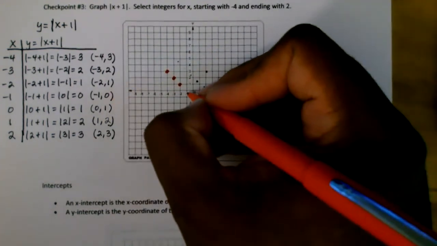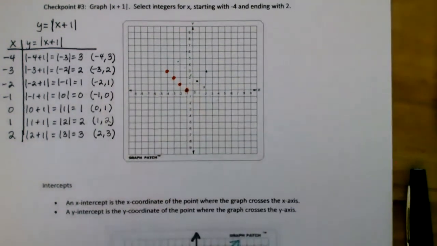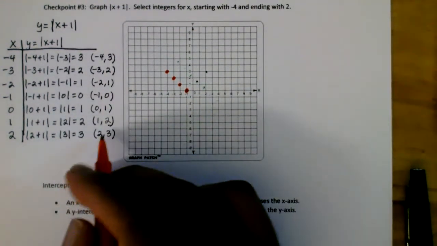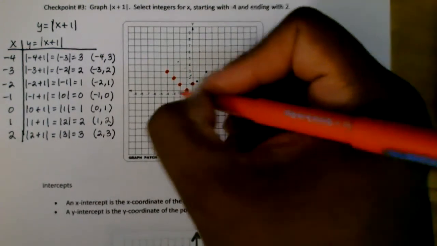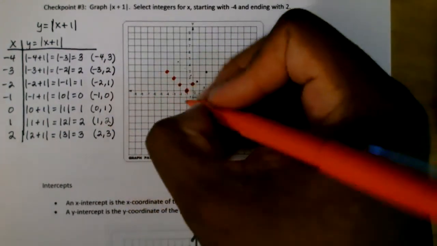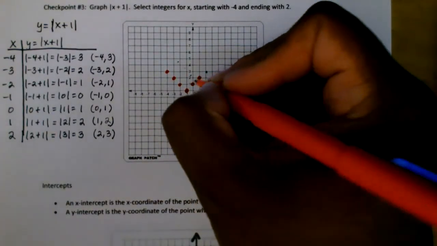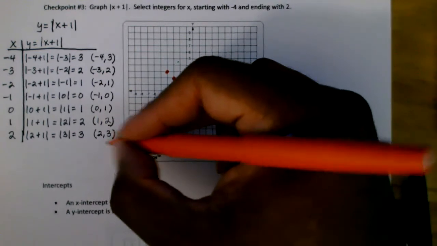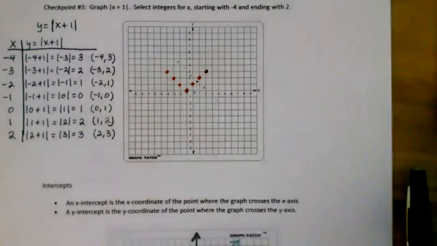And -1, 0 will be to the left 1, and we're going to be on the x-axis. And then for 0, 1, we stay at 0 but go up 1. And then 1, 2 will be to the right 1 and up 2. And then lastly, 2, 3 will be to the right 2 and up 3. Okay.